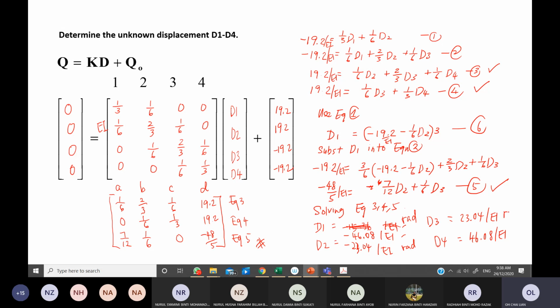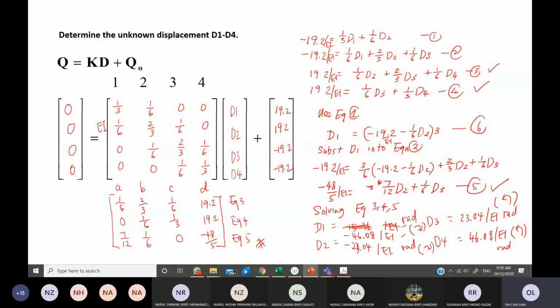If you get a positive value, the direction is counterclockwise. If you get a negative, it means clockwise.